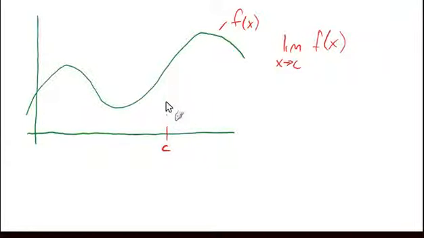If we look at c, let's draw a line up there so we can see what's going on. When we look at the right, as we keep putting in x values that are to the right of c but very close to c, and x values into this function that are close to c but on the left of c, the limit was this number that both sides were approaching.